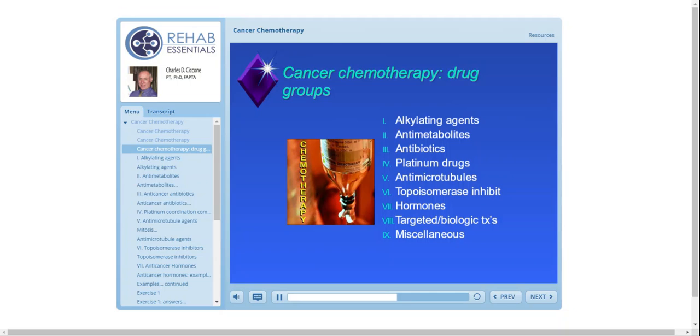Clearly, this is an extensive list, and we'll see again that we try to find some way in which these drugs are affecting the cancer cell more than the human cell. And some of these drugs do this fairly well, especially the newer agents, the targeted agents. Others, they're not as selective. But let's get started with the alkylating agents, and we'll work our way through this list.